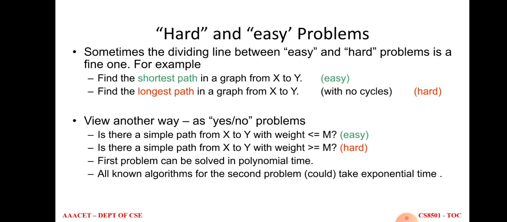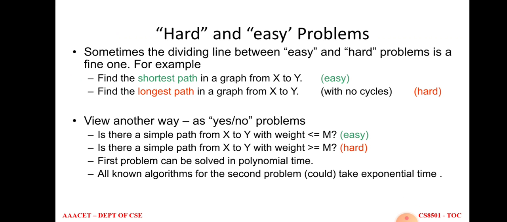Otherwise, this problem can be viewed in another way, that is, as a yes or no problem. For the same graph, there is a simple path between the nodes x and y, and each and every edge has some weight, and capital M is the overall weight of the particular graph.